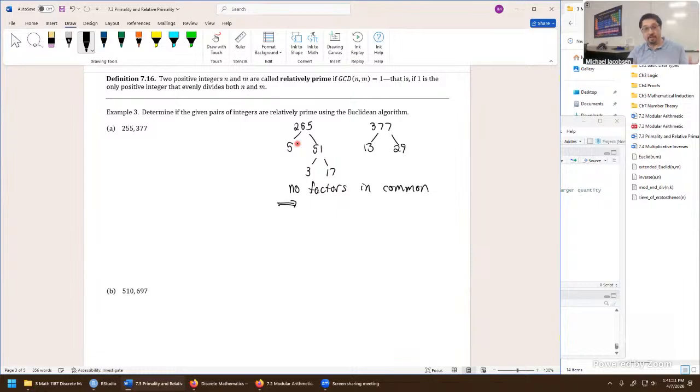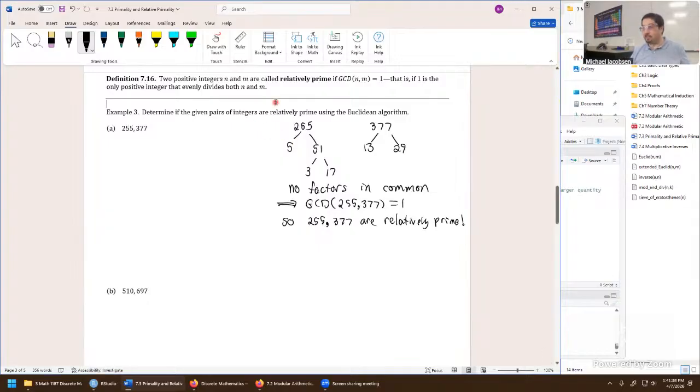Well, that means the factor 1 is in common, the greatest common divisor of 255, 377 equals 1. So 255, 377 are relatively prime. So we've got relative primality on those two there.